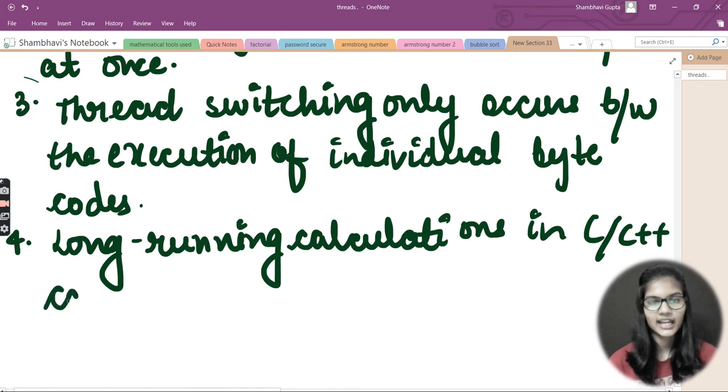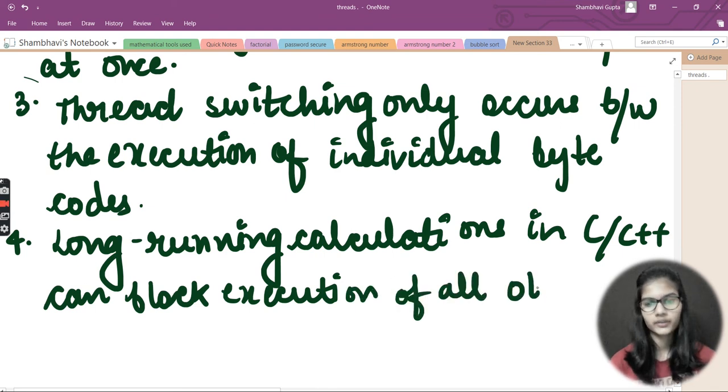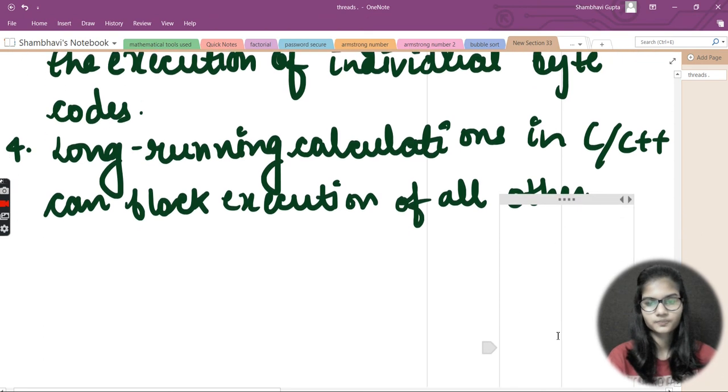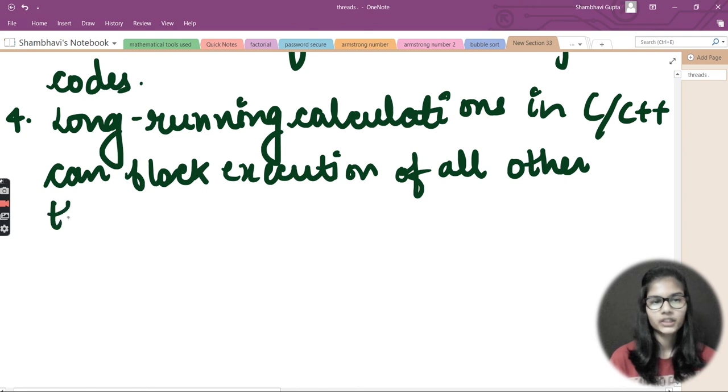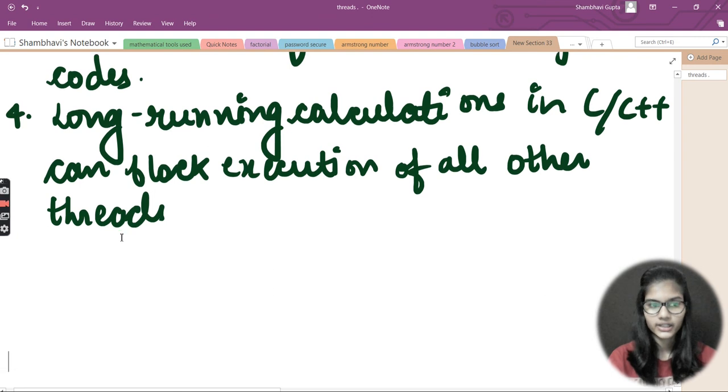Long running calculations in C and C++ can block the execution of all other threads. So this is another thing that comes here, that long running calculations in C and C++ can block the execution of all other threads.